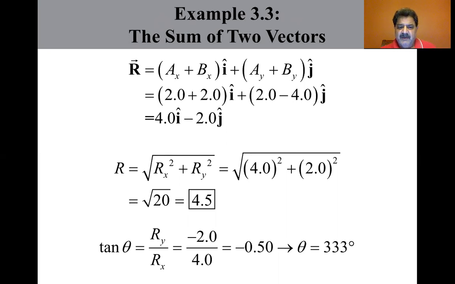Remember, the y is negative, the x is positive, so that puts it into the fourth quadrant. Your calculator likely gives the answer 27 for tangent inverse of minus 0.5. This answer is correct if we interpret it to mean 27 degrees clockwise from the x-axis.